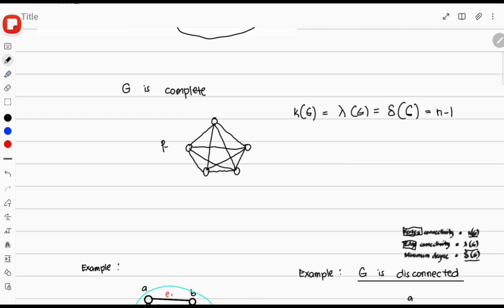Here we have the lambda of G. By removing just one edge, it does not disconnect the graph. So we need to remove 4 edges to disconnect the graph, where we have 2 components. One is trivial and this one.